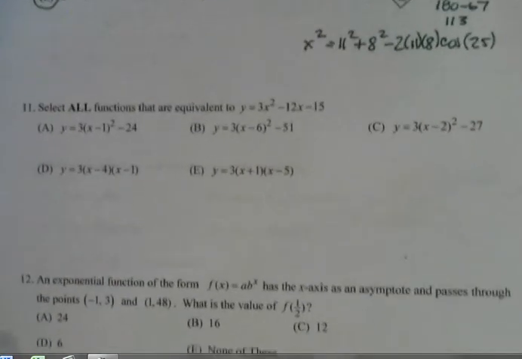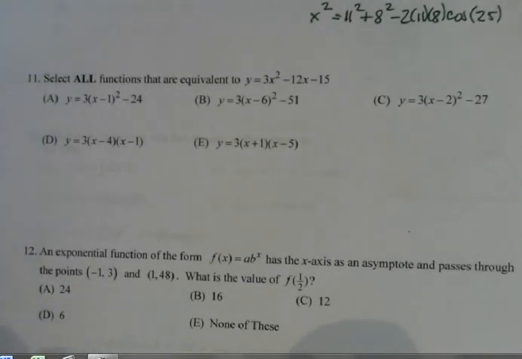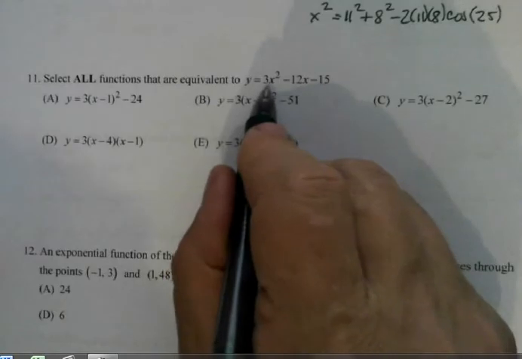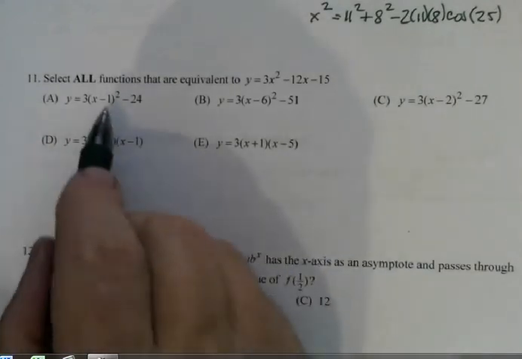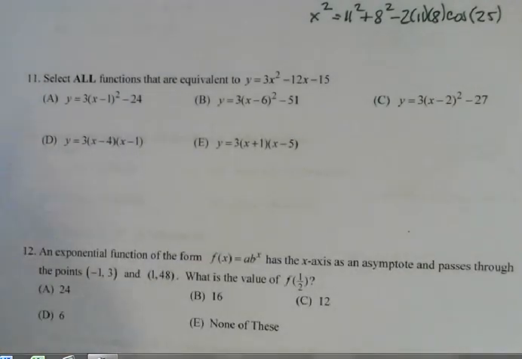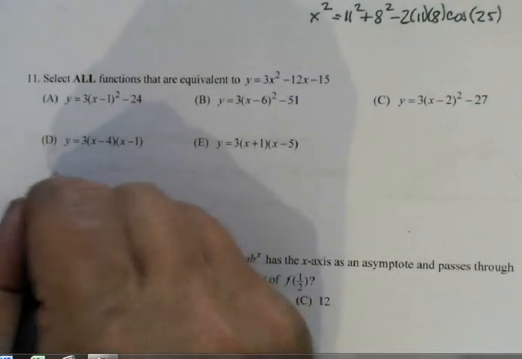Okay, now I want to find all functions that are equivalent to this one. So if you look at the forms of answer, one is in factored form, the other one's in vertex form. So it doesn't matter which one you want to do first. So I'm just going to factor it initially.